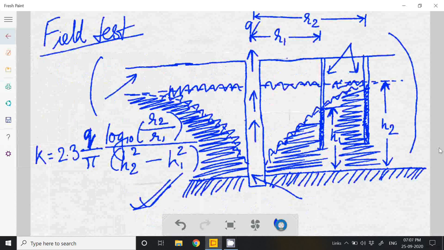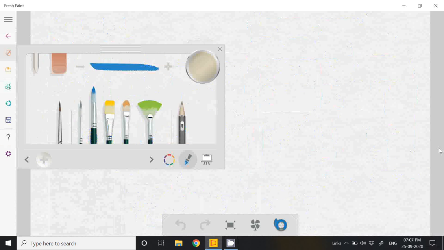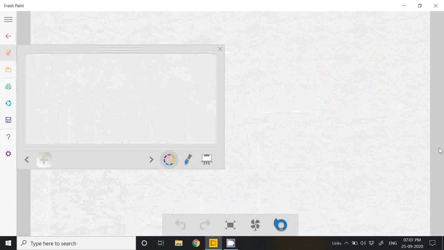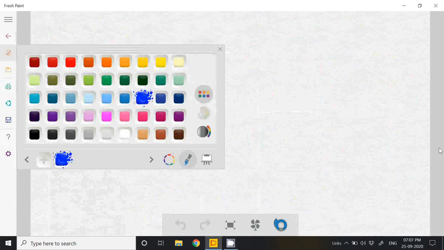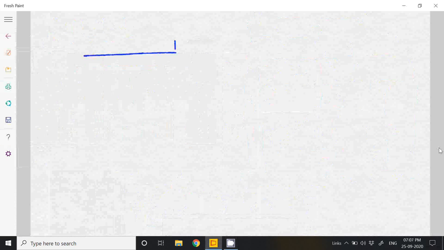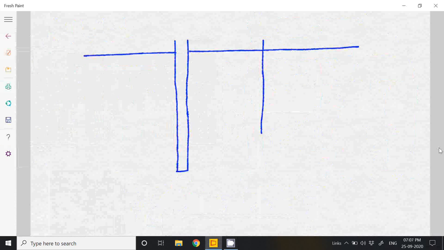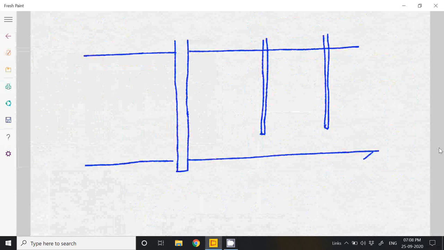Let me elaborate by drawing it. This was the sample, this was the main well, and these were the wells under study, and this one was the impermeable strata. There was no impermeable strata above.